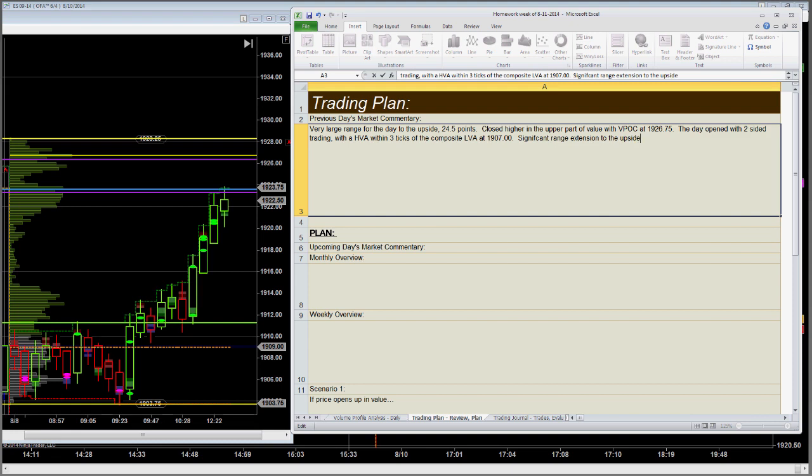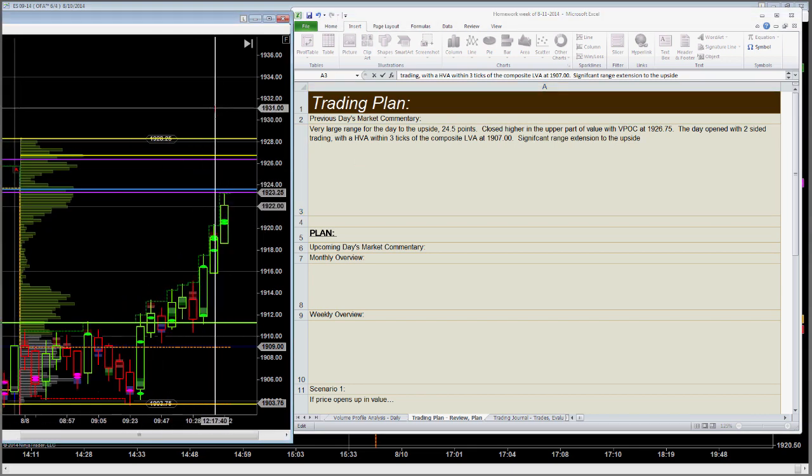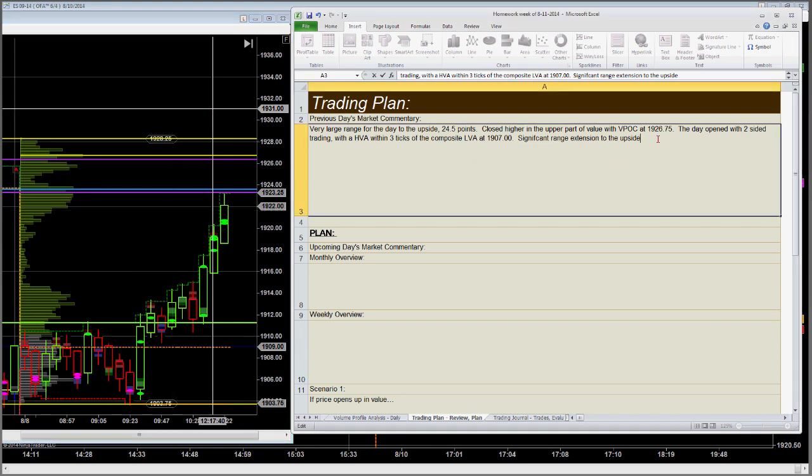I'm making a case that buyers were in control. They were really strong on Friday, all the way through the day. So significant range extension to the upside, with price closing higher.